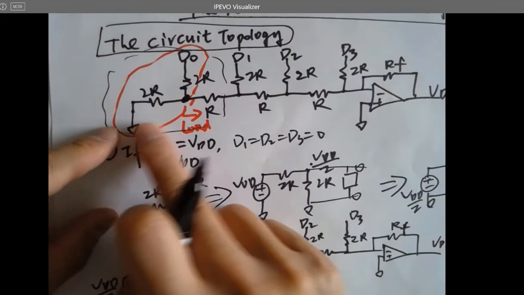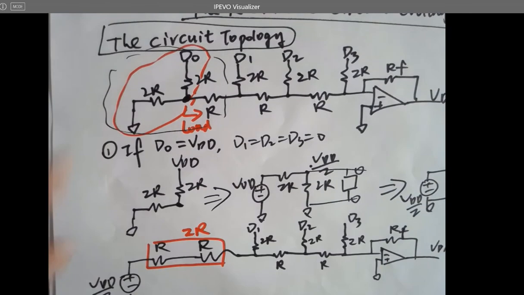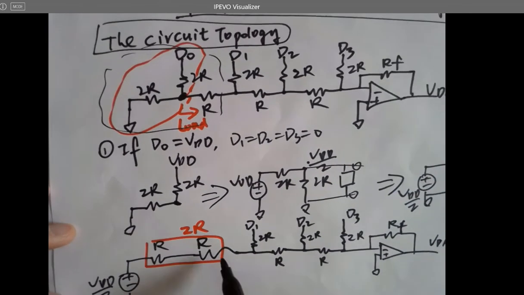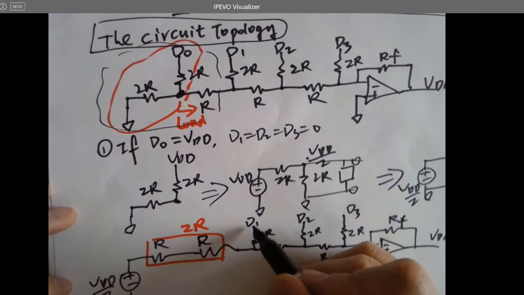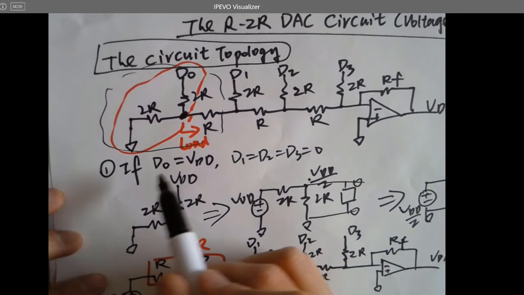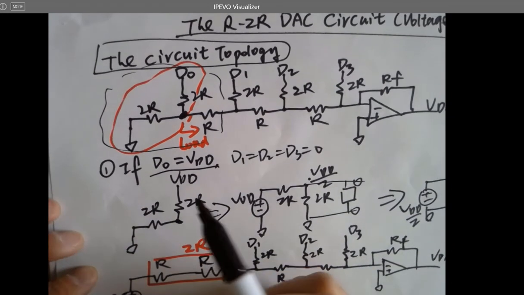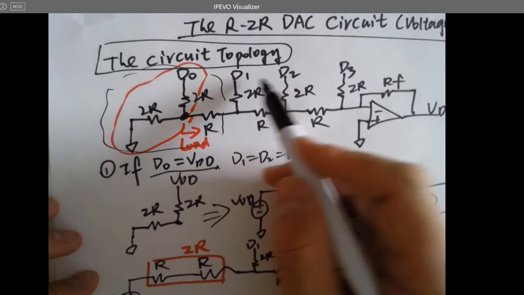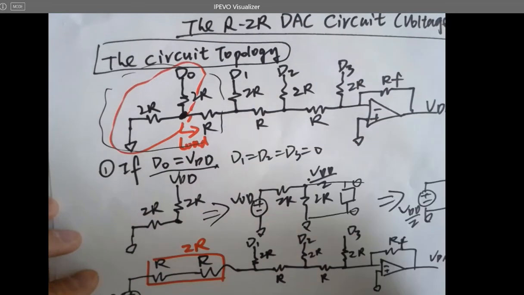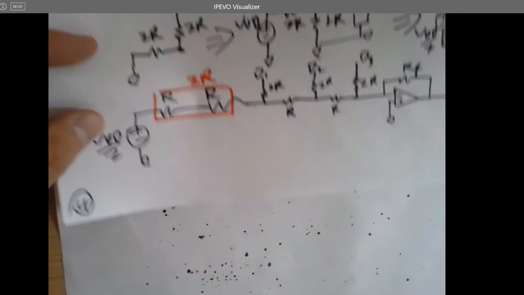See, a voltage with 2R, and now you have a voltage 2R, and all these are grounded. D1 is grounded because at the very beginning we are assuming that D0 is VDD, and all the other inputs are grounded. So now you are going to have something like the following.